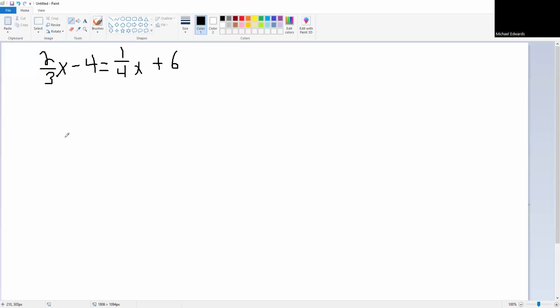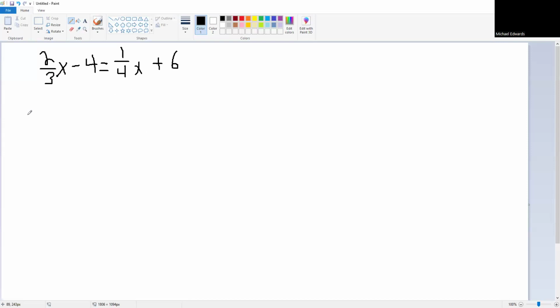Basically, for these fractions, we want to find the LCD for both of these. And I know by looking at them, the best LCD I can come up with is 3 times 4, which is 12.